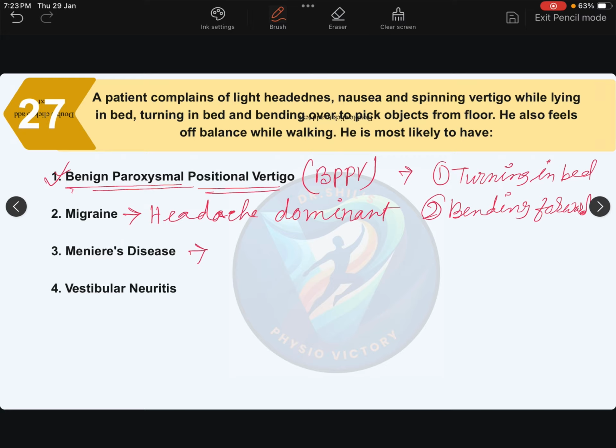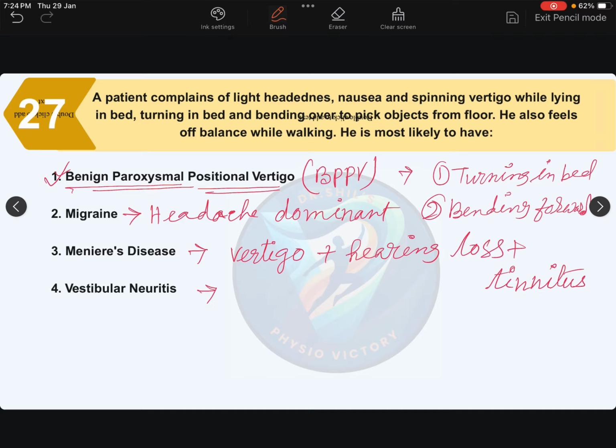Meniere's disease is vertigo plus hearing loss plus tinnitus.